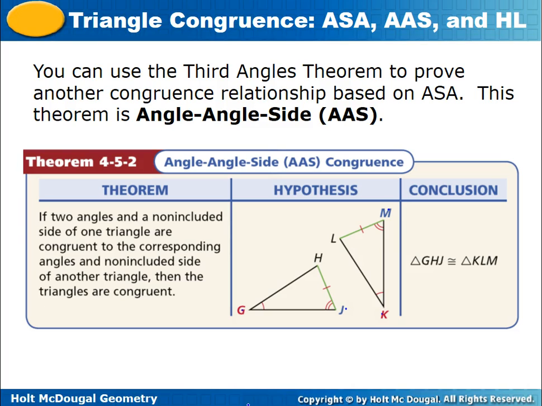So I want to tell y'all right now that this is called angle angle side. We will never have one that has 2 sides next to each other with an angle, okay? So we're never going to see SSA or ASS.